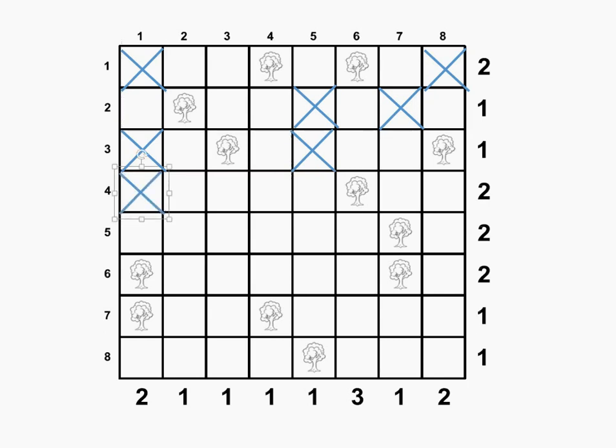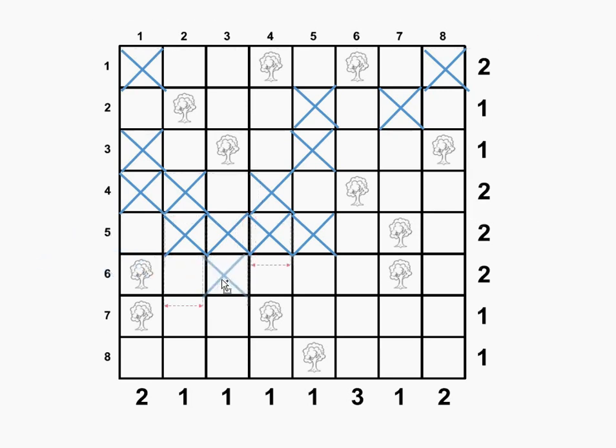Row number 4 here, here and here. Row number 5, an empty cell is here and here, and finally in this row the last empty cell in this stage of solving is here.